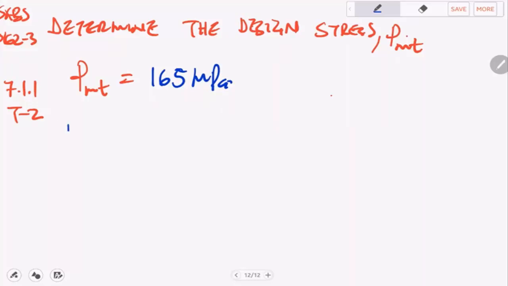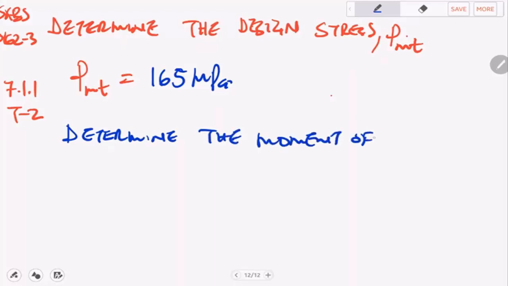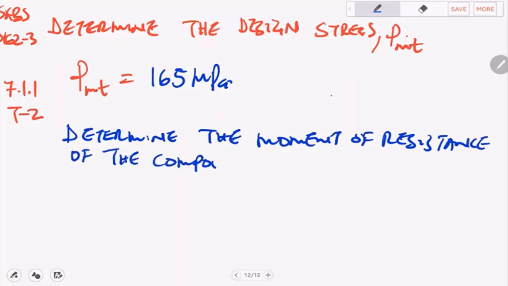The next thing is we can determine the moment of resistance of the compound section. The moment of resistance of the compound section is MR.